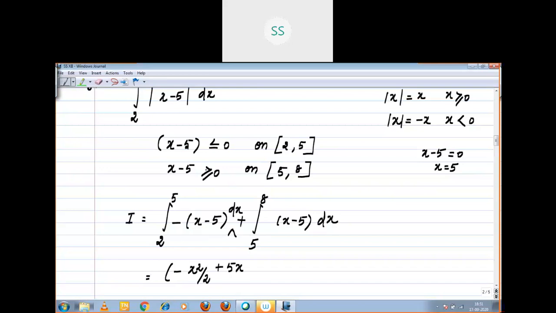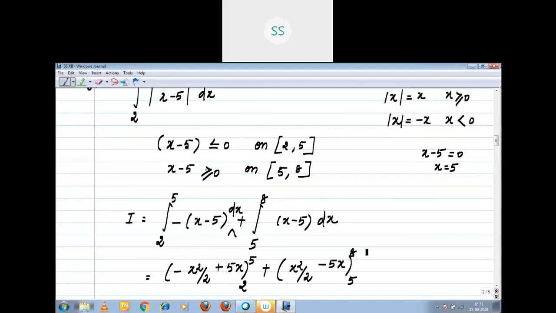X minus 5: when you substitute 2, you will get it as negative. When you substitute 3, you will get it as negative. When you substitute 4 in the place of x, you will get it as negative. That means less than 0. Now the rest is easy to integrate, right?